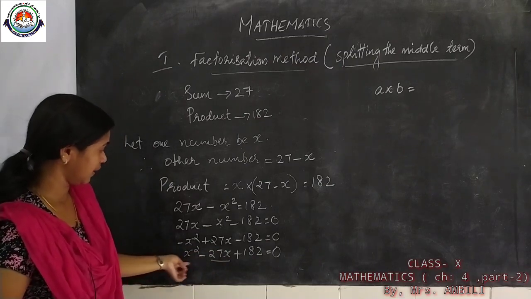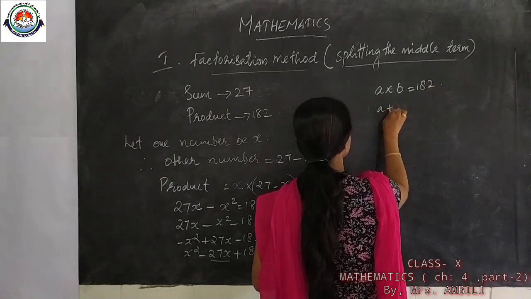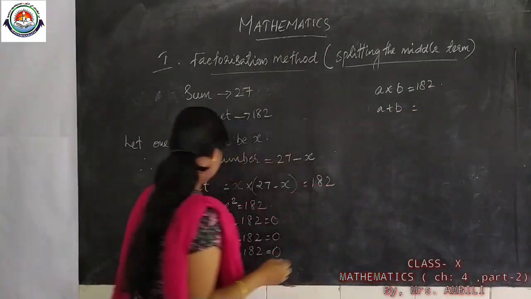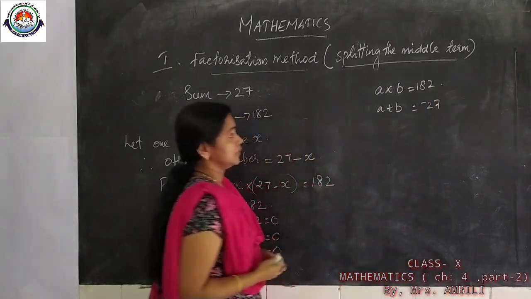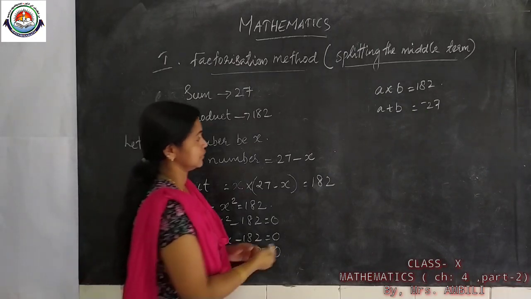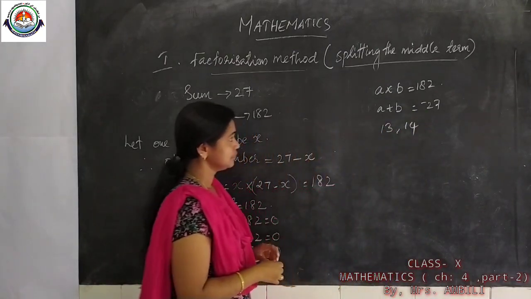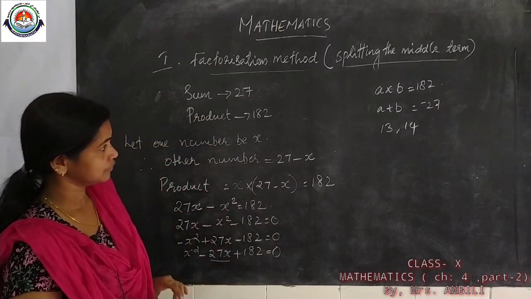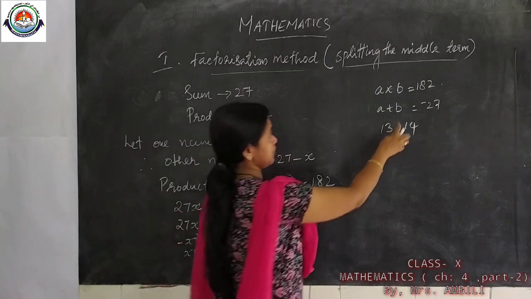So a into b, what we need to get? Plus 182. a plus b, minus 27. Tell me the two numbers. What about 13 and 14? 13 and 14? Yes, here minus 27.